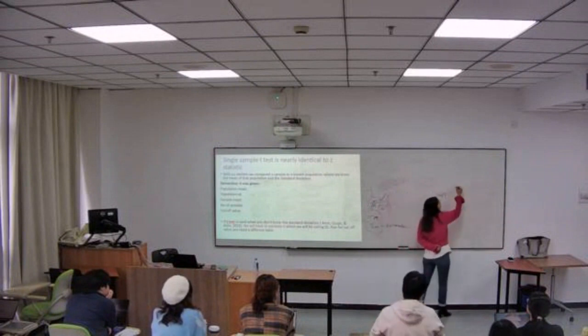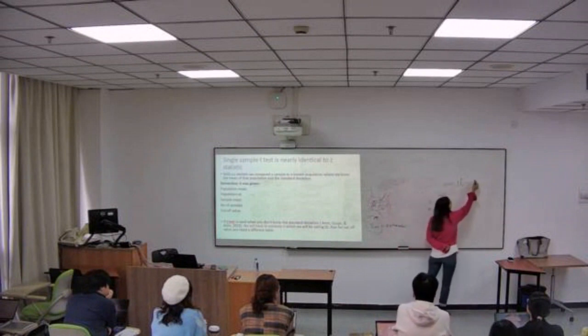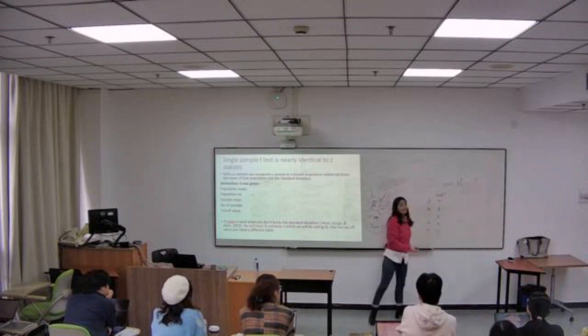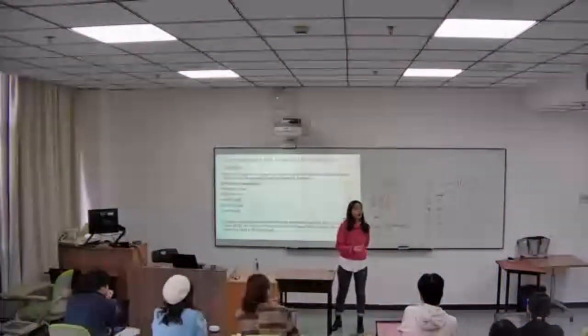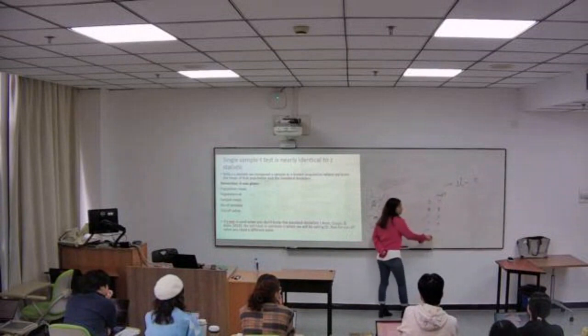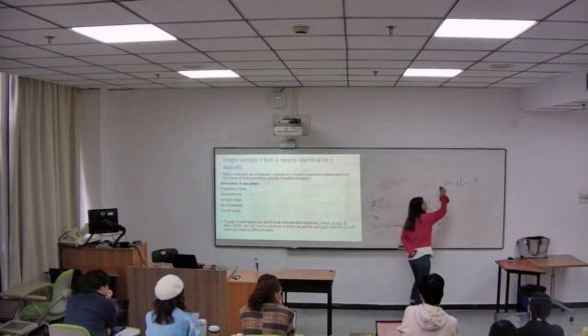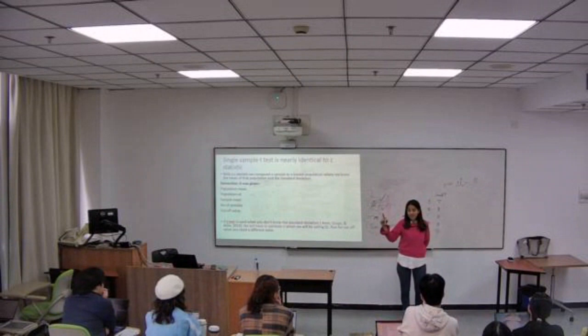You are going to have mu of WKU happiness, which is 8. That's all the data you're going to have. And you have to calculate if there is a significant difference between the happiness of my class and the happiness of WKU. Remember, single sample t-test.